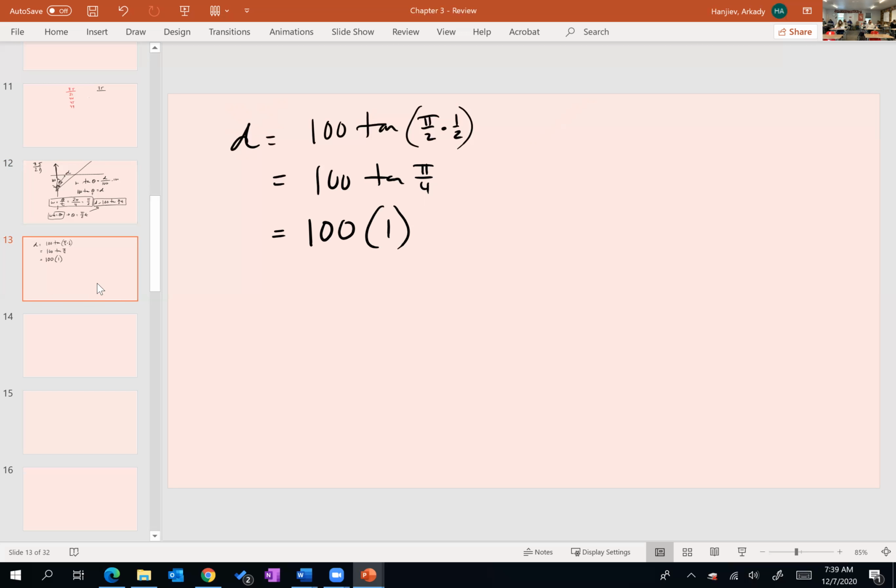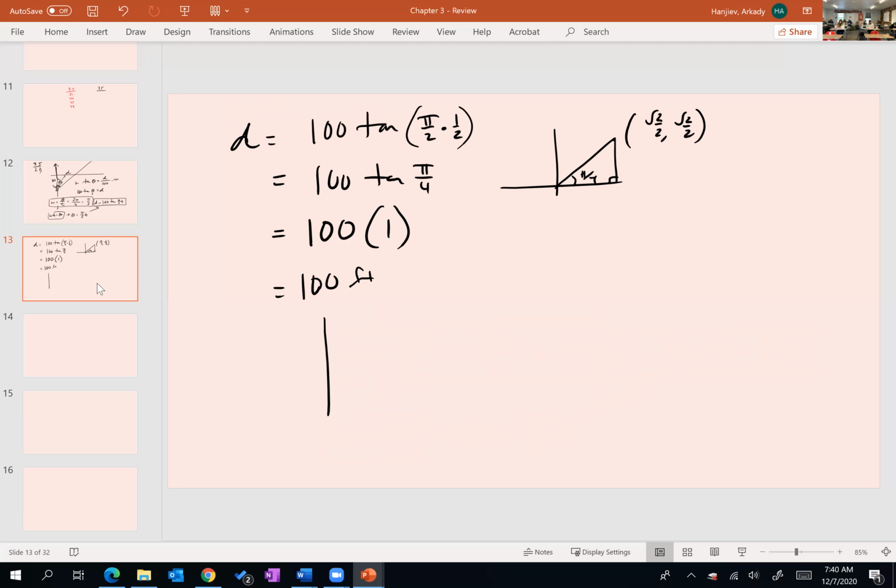Isn't pi over 4 the same thing as 45 degrees? That's when you got root 2 over 2, another root 2 over 2. If you want to look at a unit circle, that's fine as well, but I think that's what we have here. So this is 100 feet. So this is lighthouse, beach area, 100 feet here as well as 100 feet here.